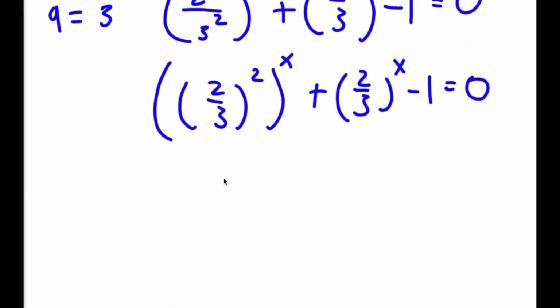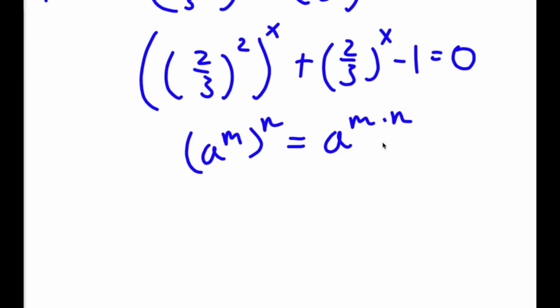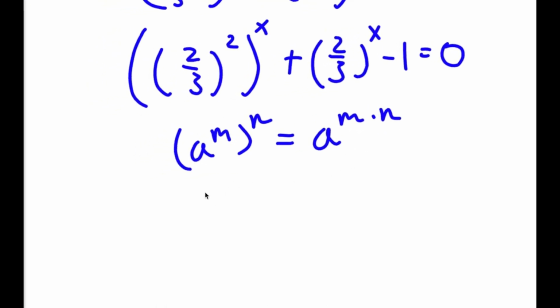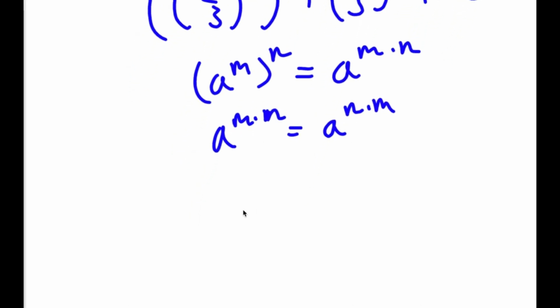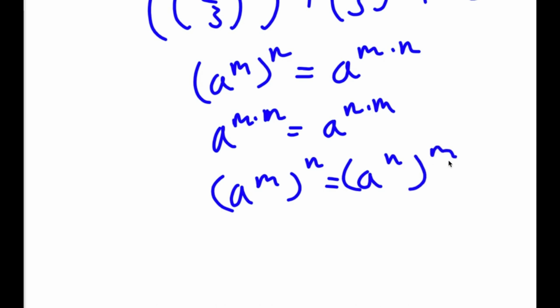Now if I have something in the form a to the power of m to the power of n, this is equal to a to the power of m times n. And notice how n and m are interchangeable because they are multiplying with each other, meaning a to the power of m times n is the same thing as a to the power of n times m. And if this is true, then this must mean that a to the power of m to the power of n is the same thing as a to the power of n to the power of m.